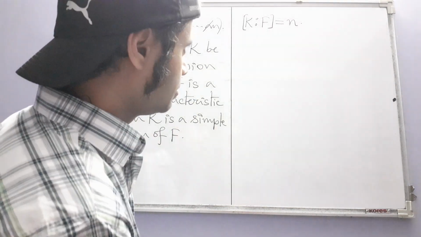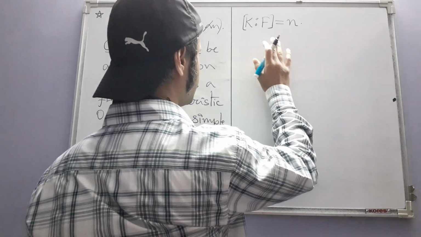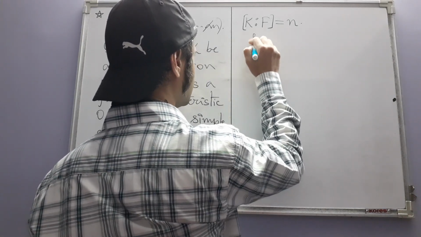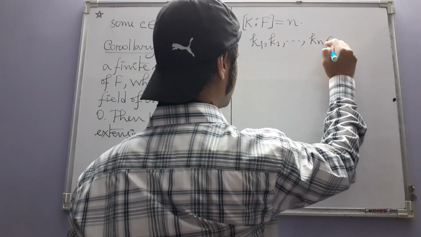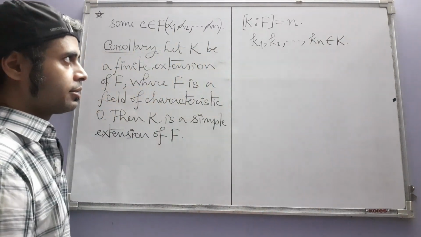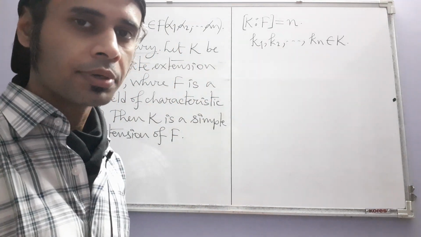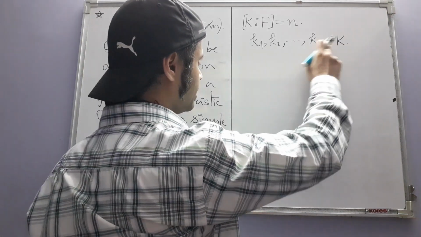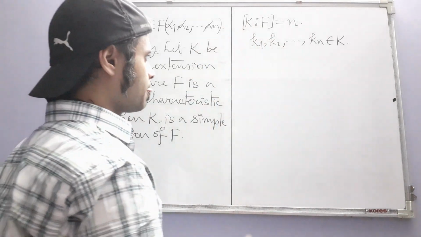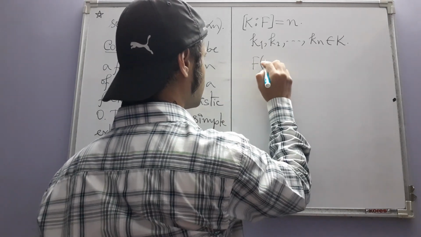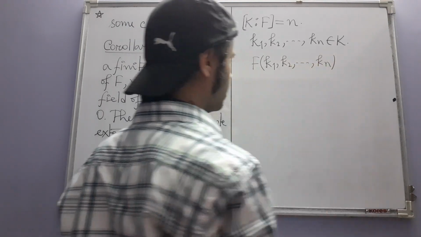Okay, we know that n is some positive integer, and this means that there exist that many elements in K such that they form a basis for K as a vector space over F. That means any element in K is a linear combination of these elements where the coefficients are coming from F. Now you consider this extension of F obtained by attaching these elements of K to F.